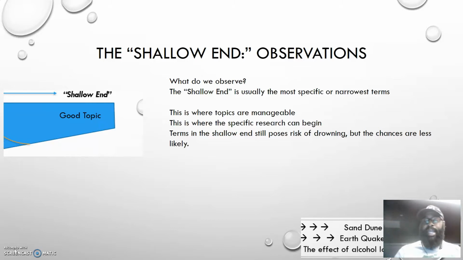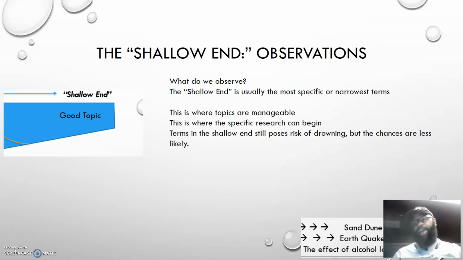So you can look at an ecosystem, you can look at a desert, but now we're looking at sand dunes. So now we have a term, something we can work with, something we can stand up in our shallow end of the pool and maintain. Now that research process can begin. With the terms in the shallow end, you can still find a lot of information on sand dunes and earthquakes.